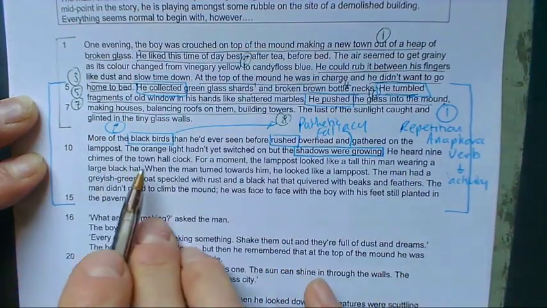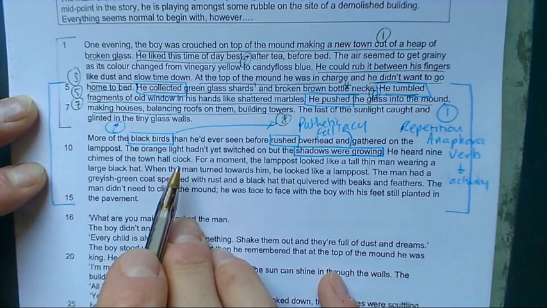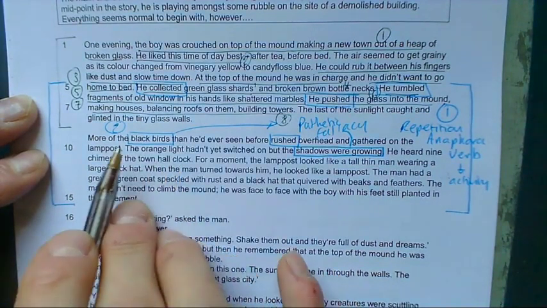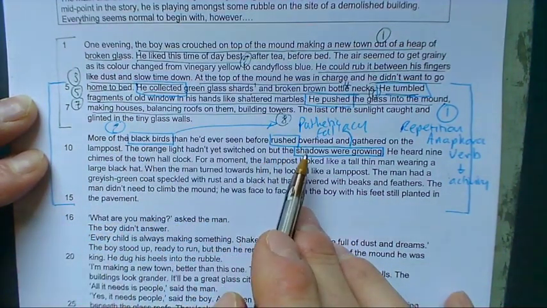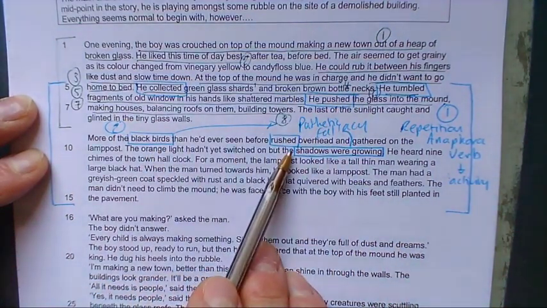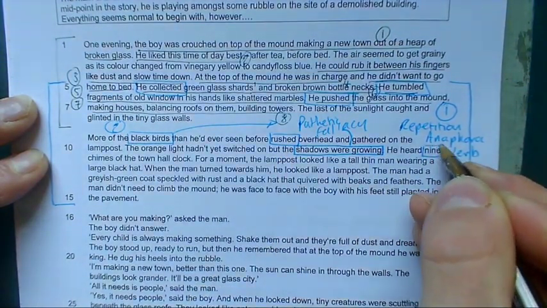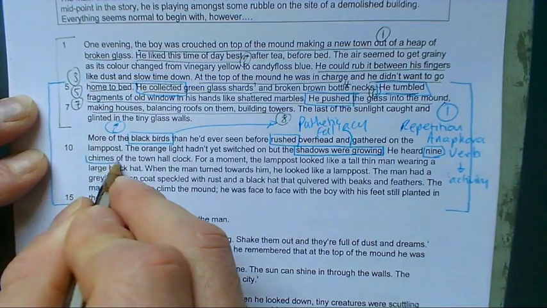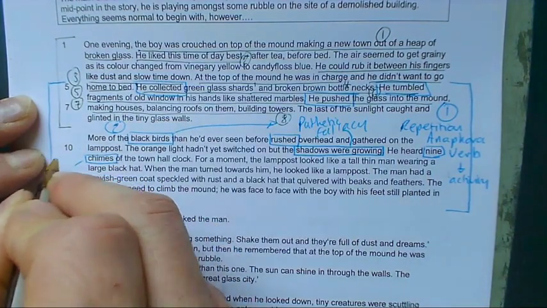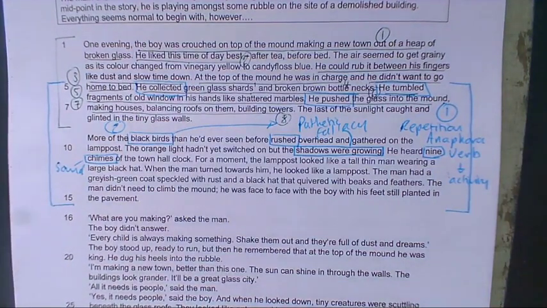He heard 9 chimes of the town hall clock. Well, here the writer has introduced a different sense. So far, these parts have been visual. We've had the action of the boy. We've had a couple of sentences that establish the atmosphere. But here we've got 9 chimes. And this is a sound. Ringing bells possibly contribute to this slightly dark atmosphere.